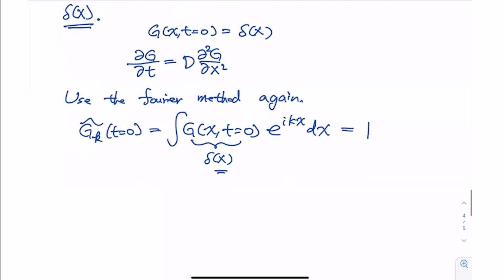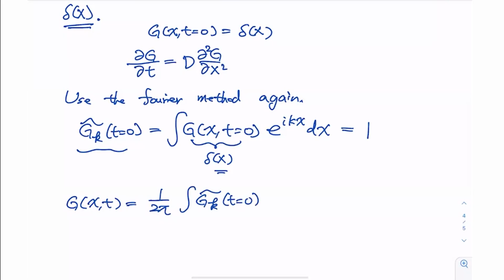So once we know what G tilde k is, we can construct the solution according to our previous Fourier method by putting all these different components of k together.